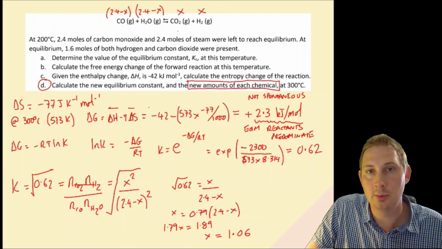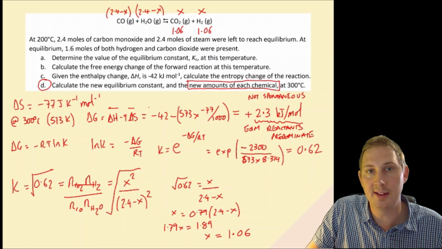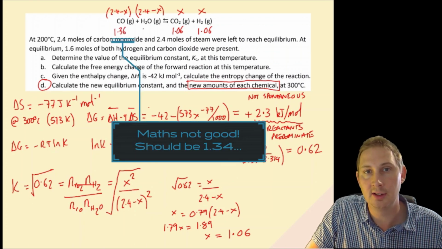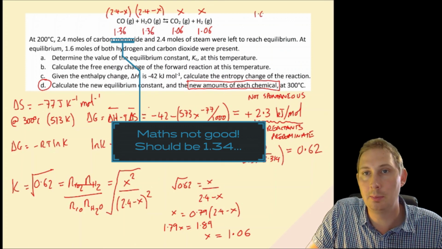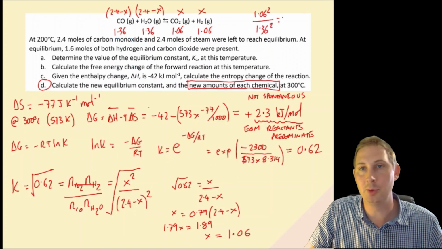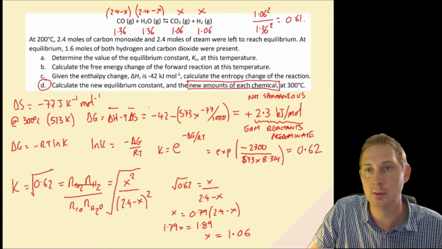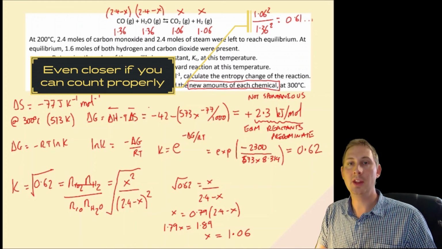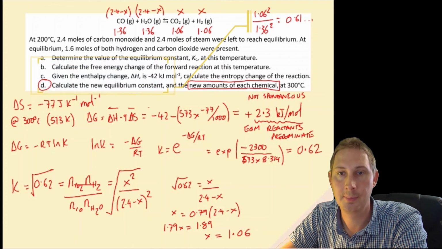In other words, we have 1.06 moles of this, 1.06 moles of this, 2.4 minus that, which is 1.36 and 1.36. And we can do a check that that works. If we do 1.06 squared divided by 1.36 squared, we get 0.6-ish. So that's close enough given the approximations that we've made. So we can now see we have slightly more reactants than products.